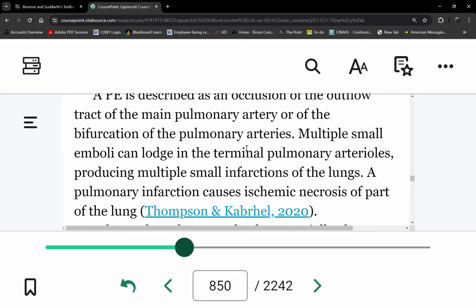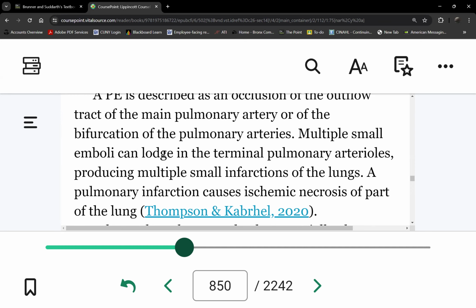Why can't we call a stroke cerebral embolism or a heart attack a coronary embolism? It travels, it's not lodged over here. No, it's lodged in the terminal pulmonary arteries.